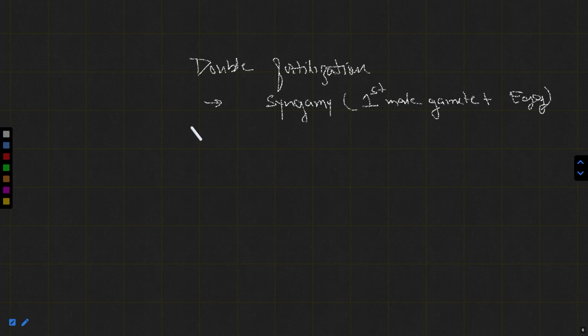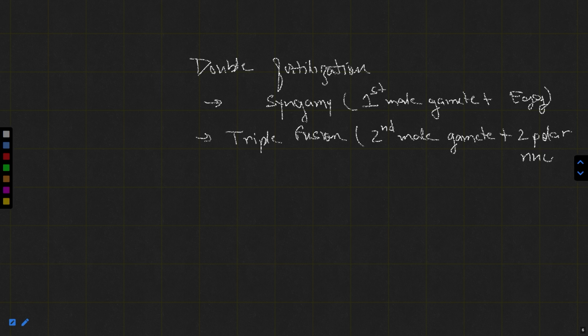And the second one is the triple fusion, fusion between 3 cells. The second male gamete fuses with the 2 polar nuclei, or you can say the secondary nucleus.